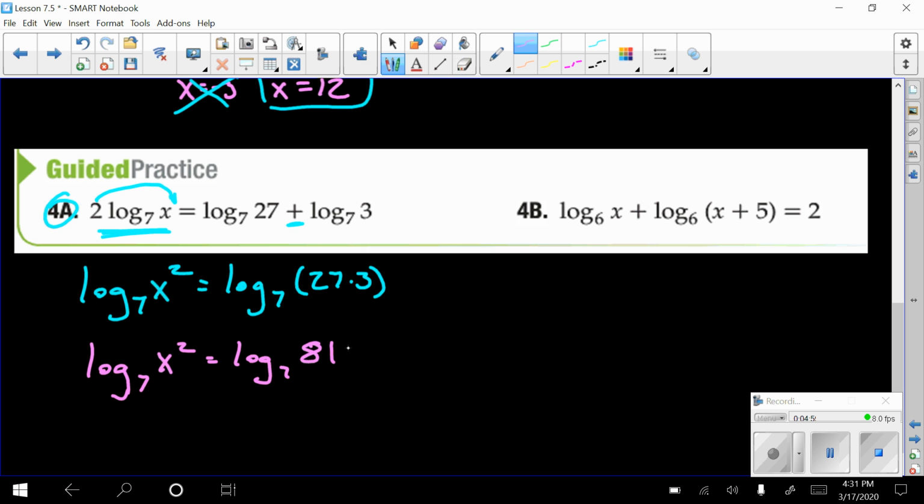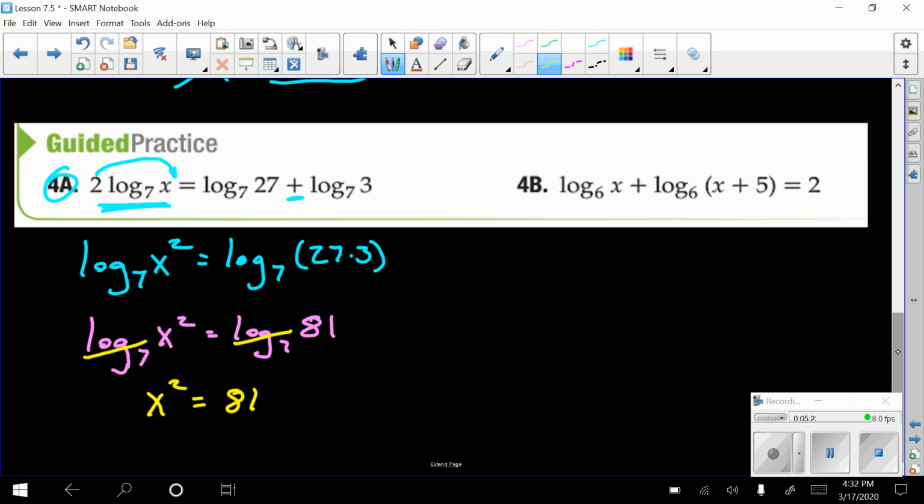This one's a little different. This one's got 2 logs on each side with the same base. If I have 2 logs on each side with the same base, those don't really matter anymore. So we want to get rid of them. And now I'm just dealing with where does x squared equal 81.